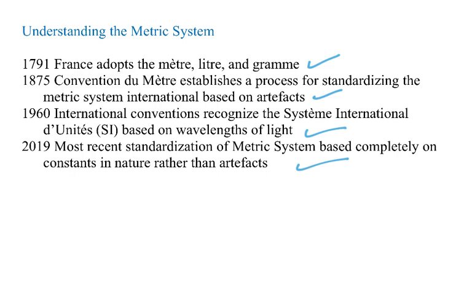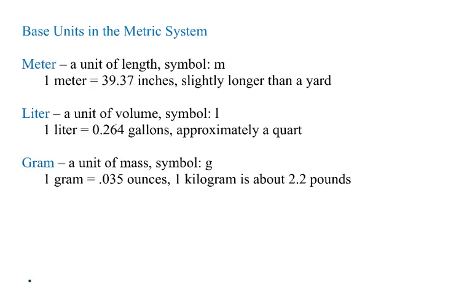The metric system is based on what are called base units. Rather than having many different units for length, like we do in the English system, where we have feet and yards and furlongs and miles and so on and so forth, in the metric system there is one unit, and that unit is the meter.